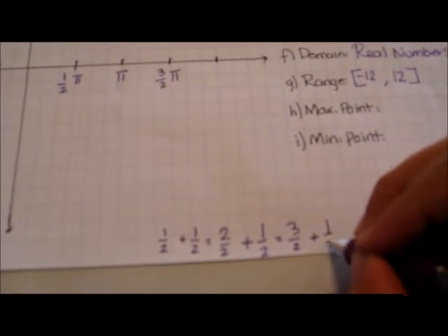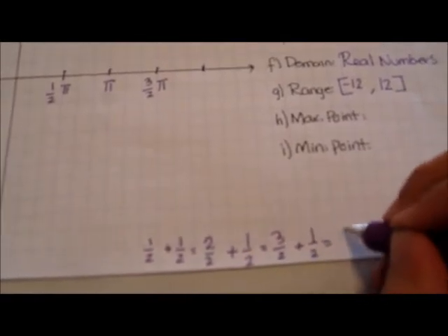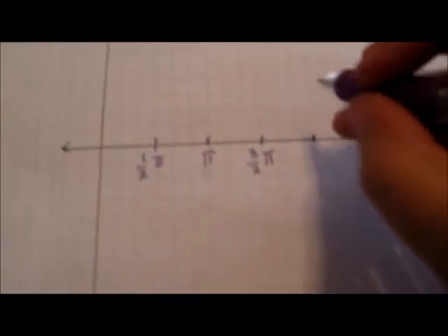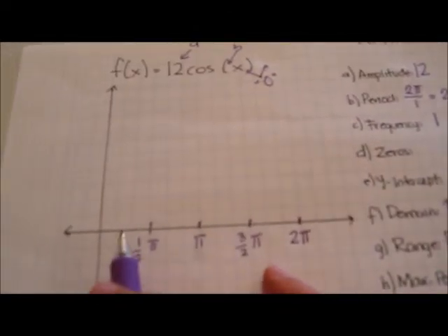My last one, I need to add my same constant. So 3 halves plus 1/2 equals 4 halves, and 4 divided by 2 equals 2. 2 what? 2 pi's. The addition of these 4 quarters is going to give me my period.